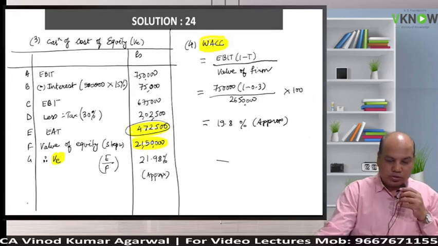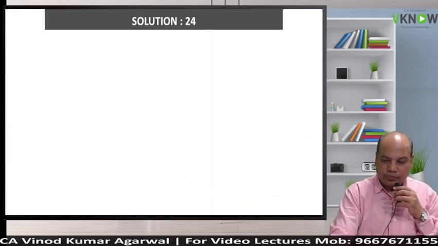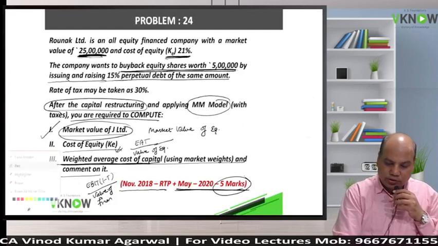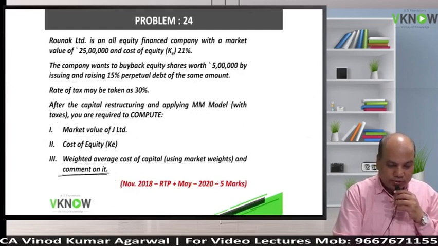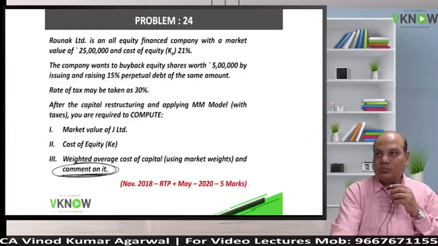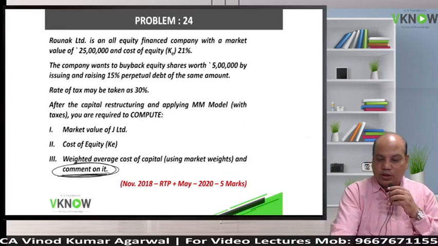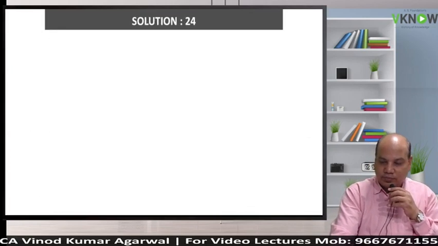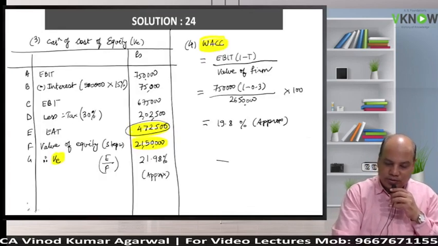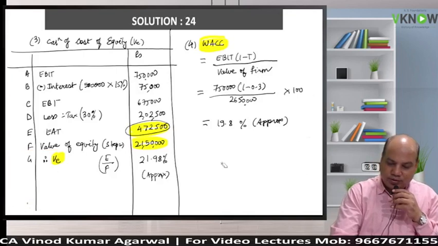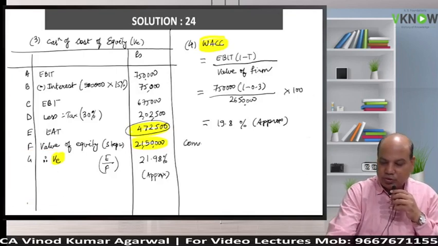So there is one more line in the question. What is that one more line? Comment on it. So what is the effect of this restructuring? Write down a comment. So what is your comment? What happened to KE?